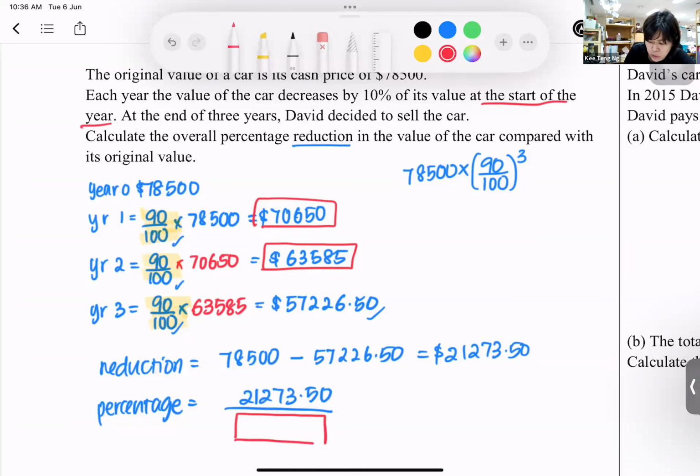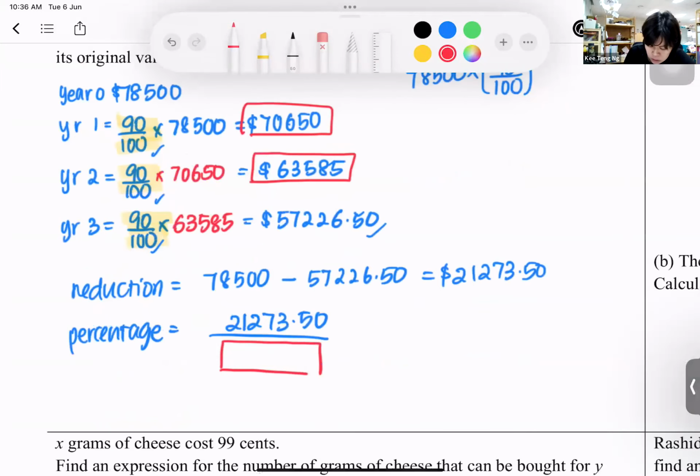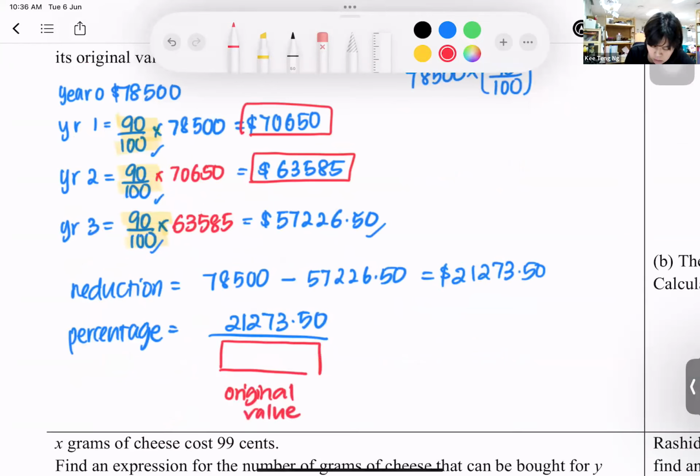You must remember this is over your original value, which is 78500. Times 100%, and that gives me a 27.1% answer.